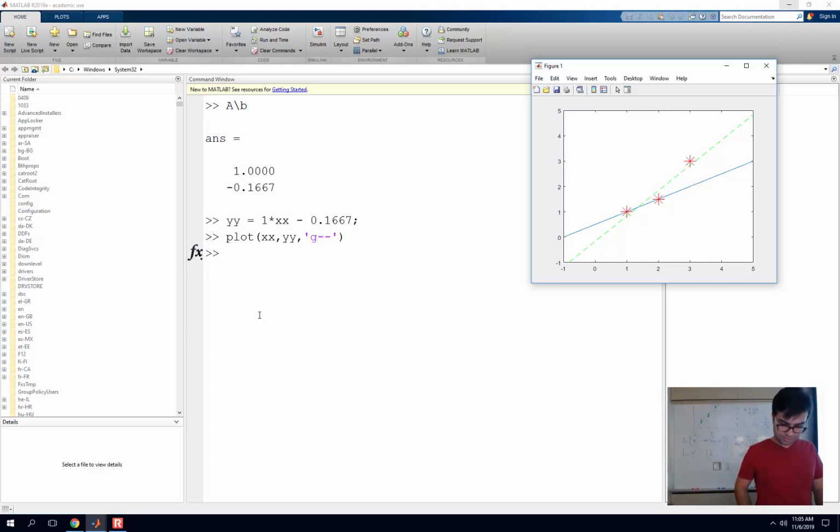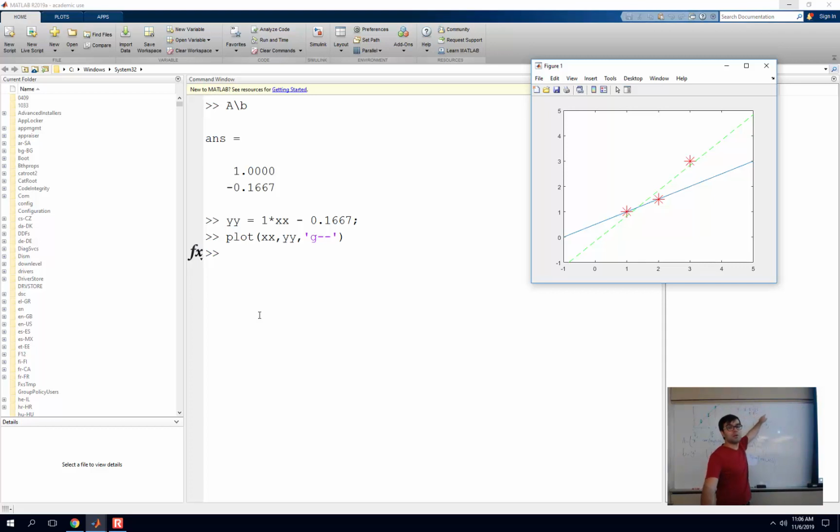Now we want to find the residuals. This is kind of a step back, but A backslash B, is that giving you your root again? Or what is that? What is A backslash B? A backslash B is computing alpha and beta. Okay.